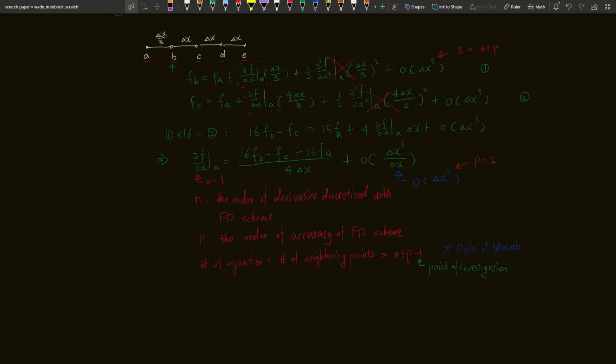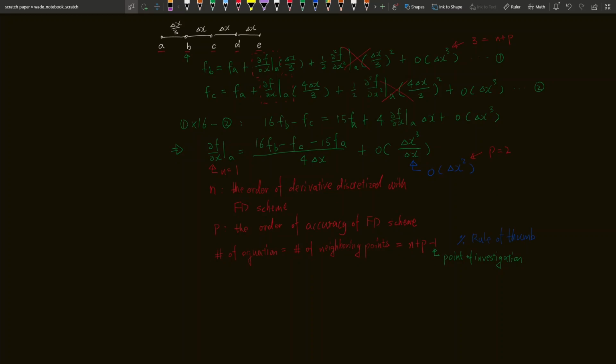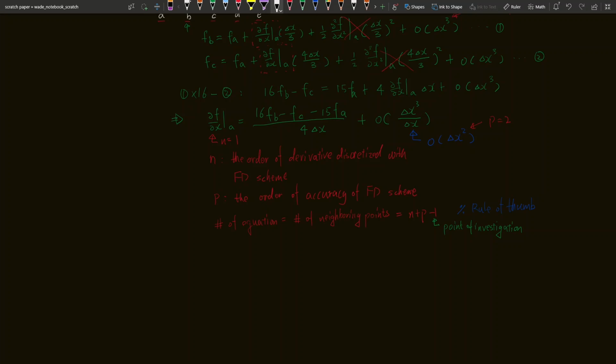So now we consider a special case where the mesh is uniformly discretized and we are deriving a central FD scheme. Let's say our space is uniformly discretized with nodes, and we try to derive a central finite difference scheme, and we assume that n equals 2 for the finite difference discretization scheme, and p, the order, equals 2 as well.